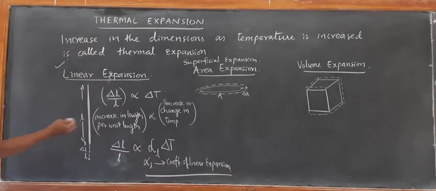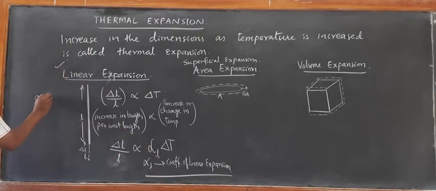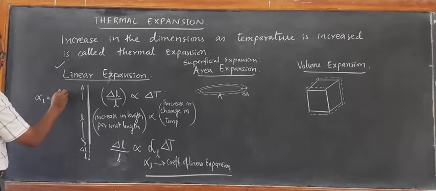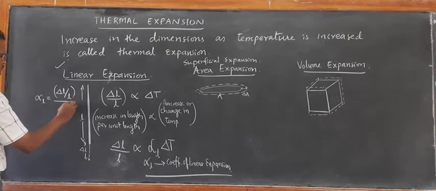So alpha L is equal to delta L by L whole divided by delta T.